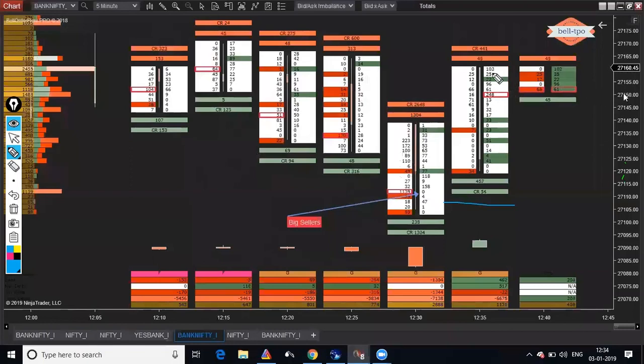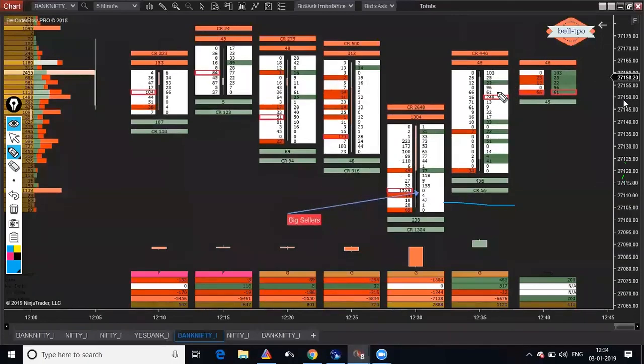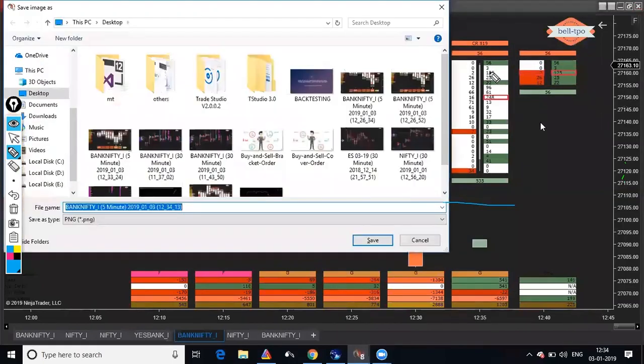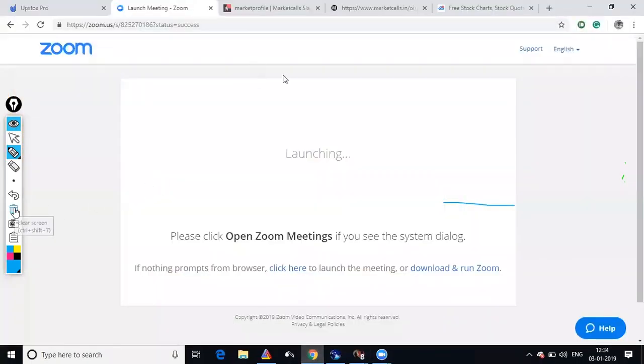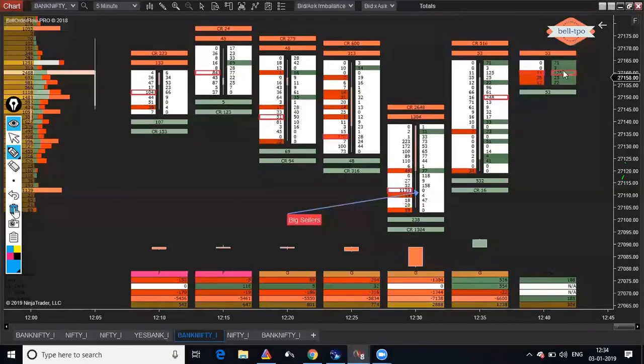What you can see here is that the buying quantity is getting added. Every time the price reaches a certain level, the buying quantity gets added to the previous level. And you might see one block here.